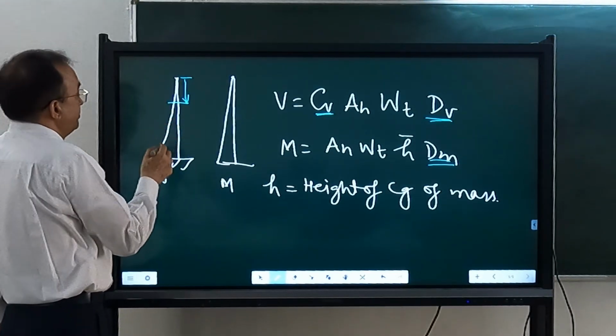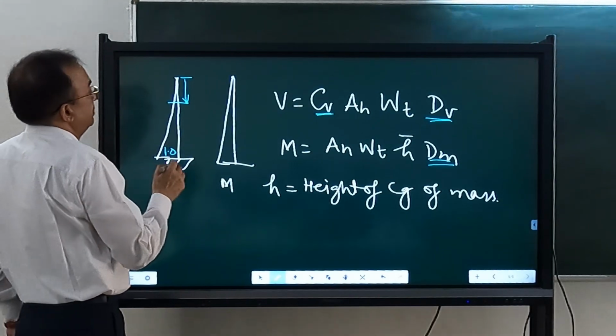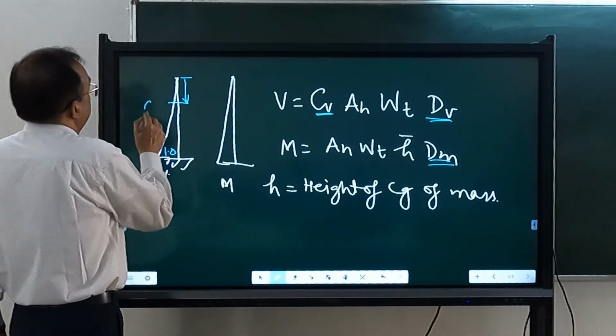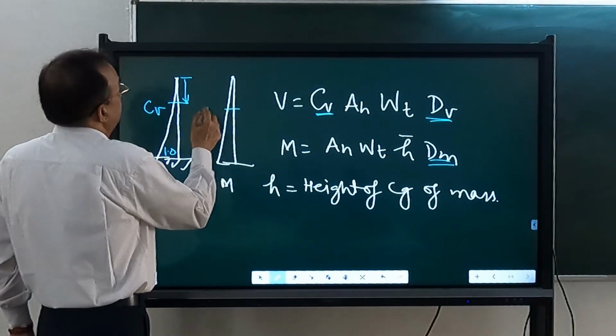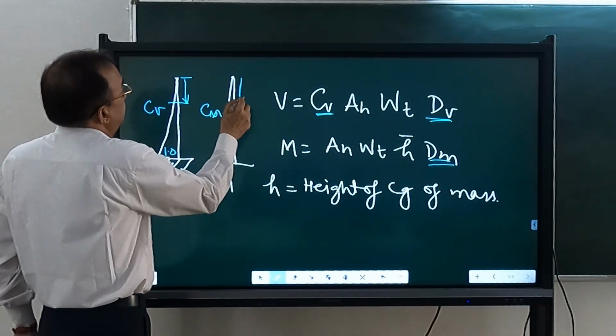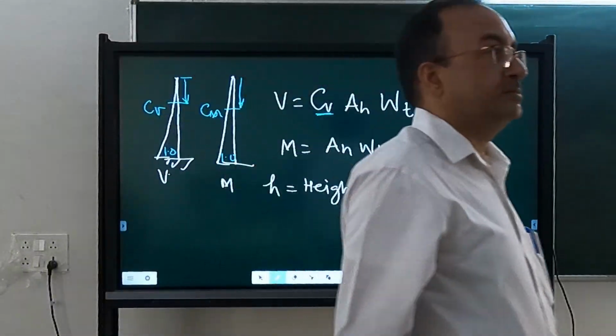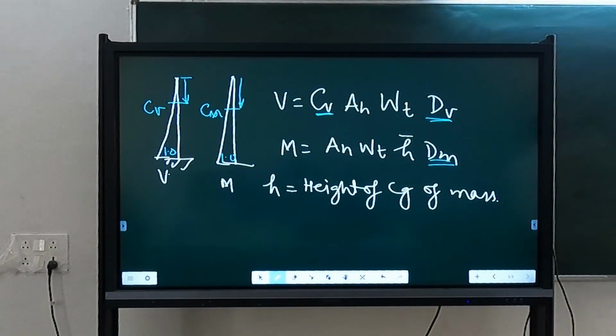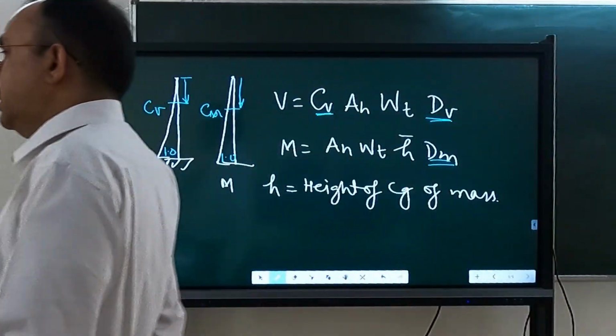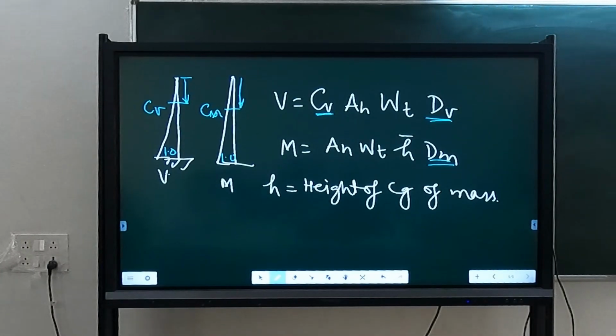The distance is given from the top, and at the bottom it is 1.2. This is also increasing, and at the base this value is 1.2. So it gives the shape of the shear force diagram and the bending moment diagram.